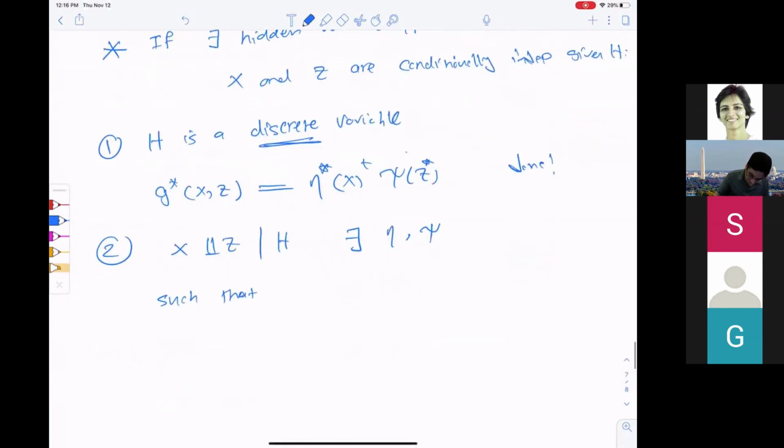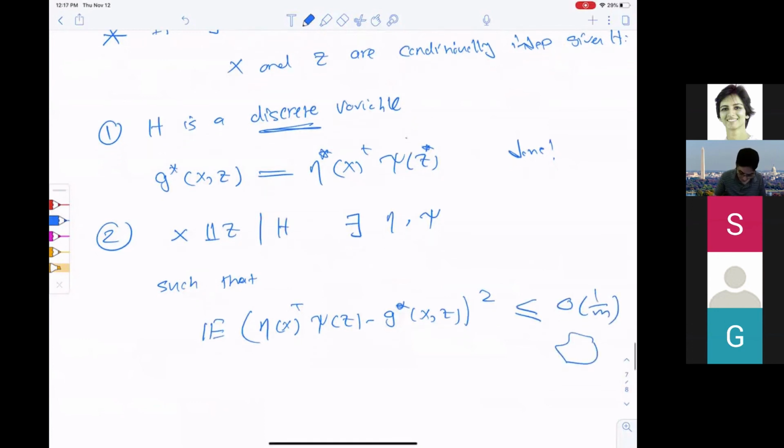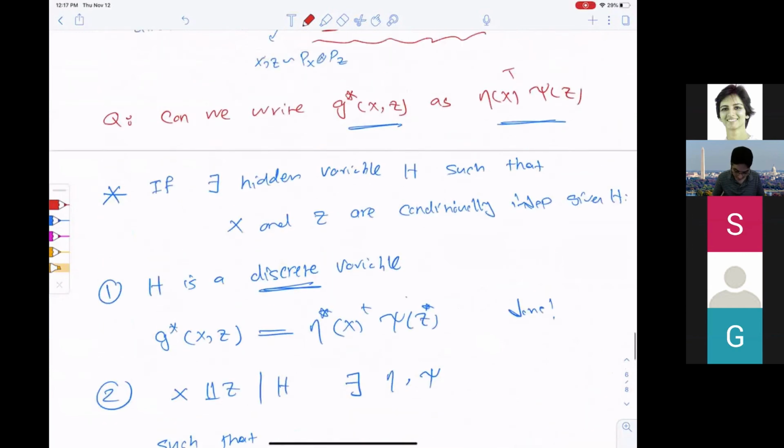So we want eta of x times psi of z to be close to g star of x and z. There are some other terms, but as the dimensionality of the embeddings increases, the error decreases. So that assumption approximately holds.